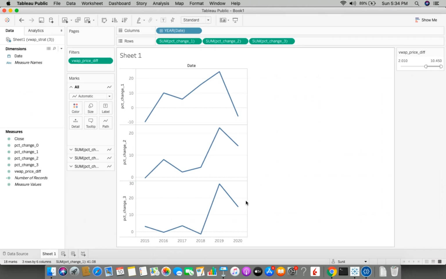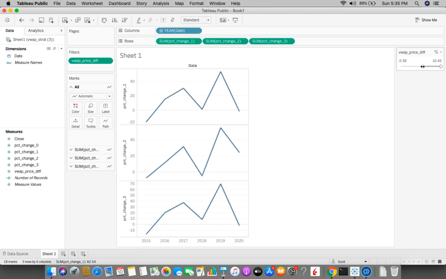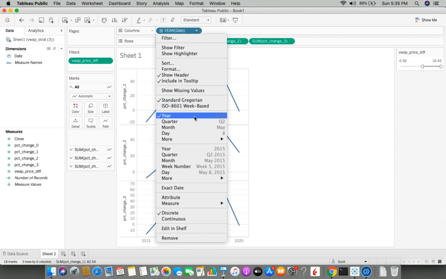So if VWAP price difference is this much, then next day the returns will go like this, next to next day it will go like this, and the third day from the position date it will go like this. I'm moving here and we can see how the price moves. But it is showing in a yearly manner. Let us do this on the exact day.